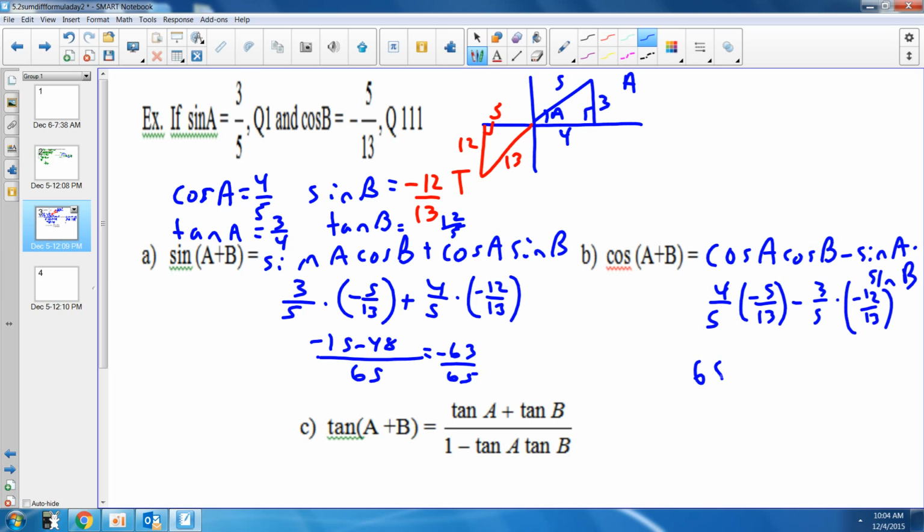Again, you're going to have 65 in the denominator, negative 20, and this is going to be plus 36. Which is 16 over 65.